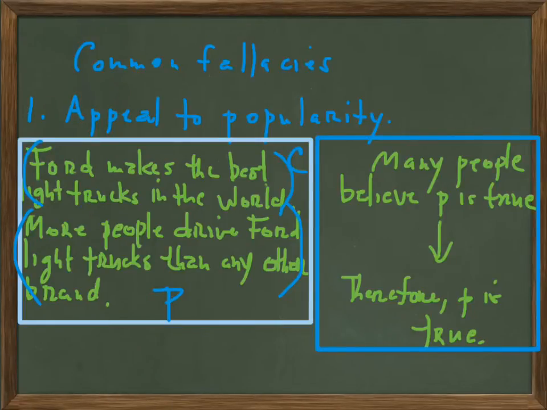That's a different type of argument than we're looking at now. Here we are looking only at arguments where the claim is that something is definitively true, and in all of the cases of these fallacies, that claim is not true.